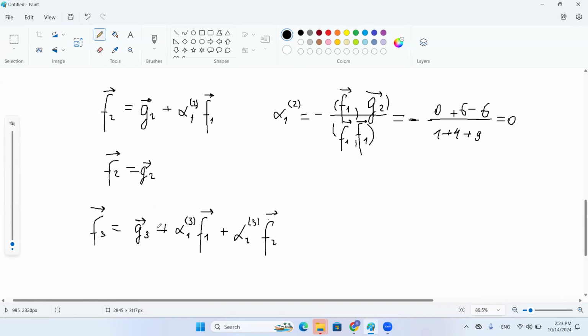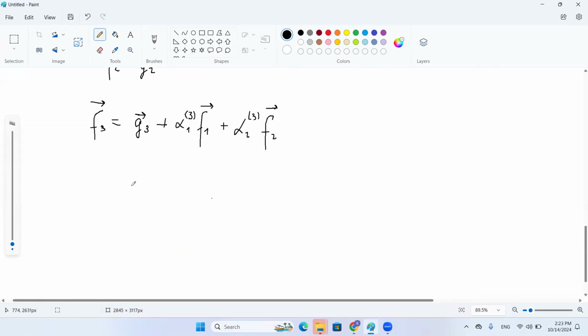So if we had more dimensions, on each next iteration we have one more alpha coefficient multiplied by f with index n minus 1. But now we just have to find alpha 1 and alpha 2 in the analogical way.